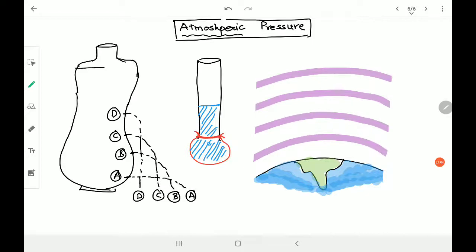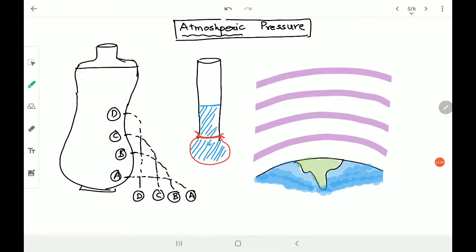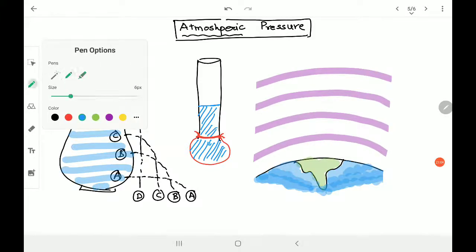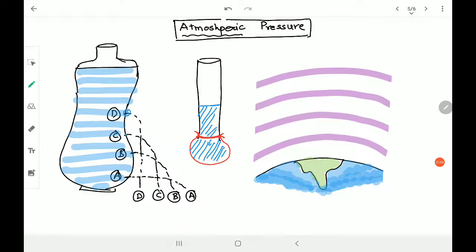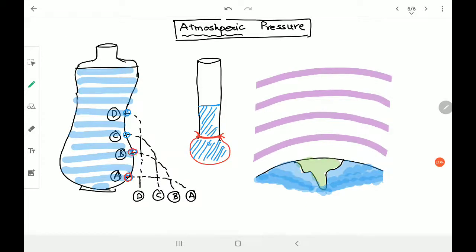Imagine there is a water bottle and water is filled till here. And I have holes in the plastic bottle at point D, point C, point B, and point A. These are the holes in the bottle.